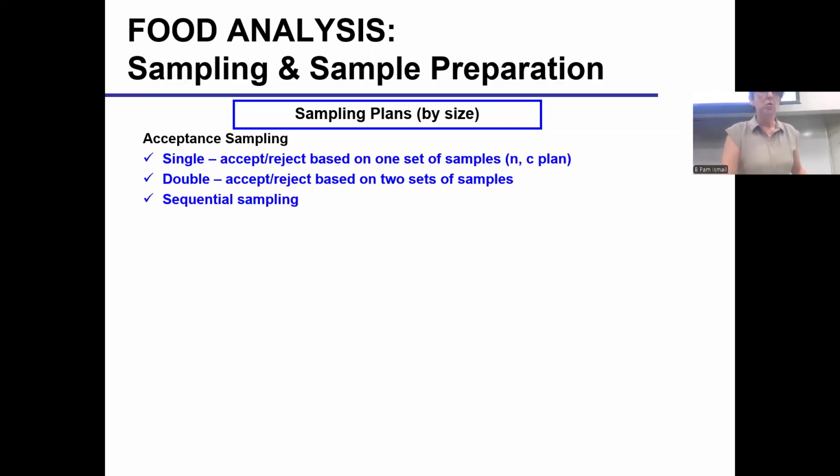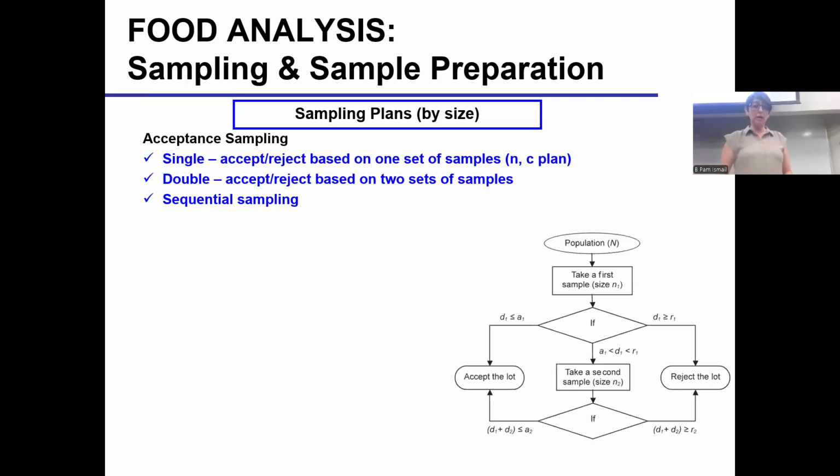Okay. Now, sampling plans for acceptance sampling. Let's say you are measuring certain quality characteristics, and you have a set of samples that you are testing, and you're allowed to have, let's say, 5 defects. Below 5, you accept. Above 5, you reject, for example.